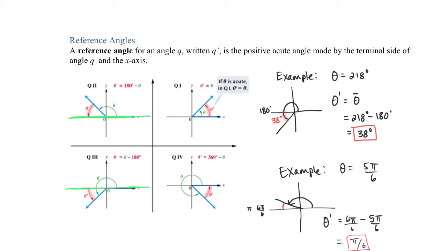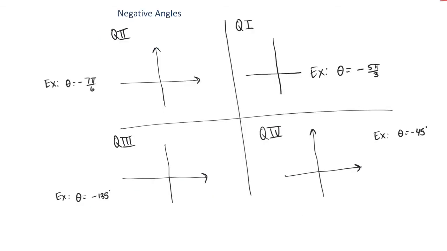Now, it gets a little bit more complicated when we're dealing with negative angles. So let me do a bunch of examples for you. I'm going to start off with an example where theta is negative 45 degrees. So I'm coming backwards 45 degrees, okay? And so the reference angle is just this little section in here, and it's just the opposite of my angle. It's positive 45 degrees.